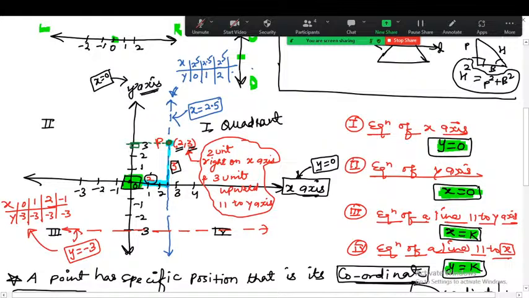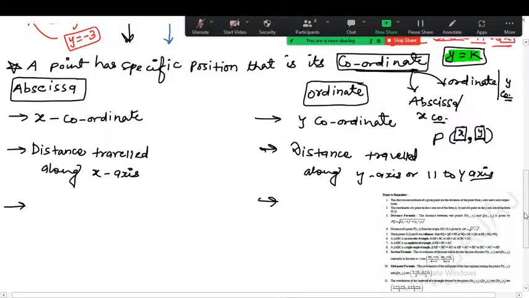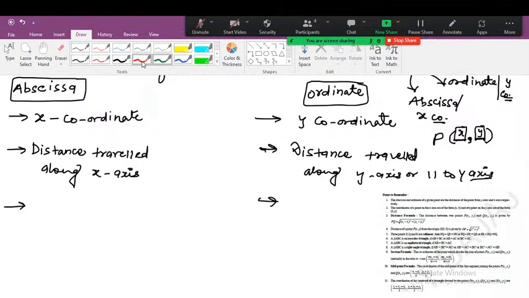You will say it is going to give you 2 units. And if you are drawing a perpendicular on x-axis, how much distance will it give? It will give 3 units. That means if you are drawing perpendicular on y, it will give you the x-coordinate. And if you are drawing perpendicular on x-axis, it will give you the y-coordinate.